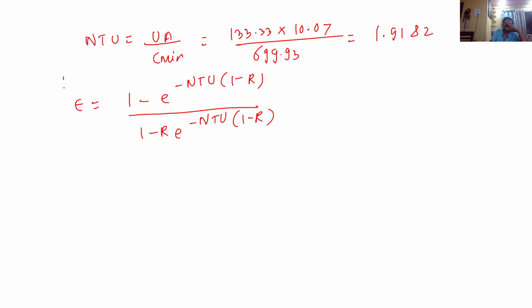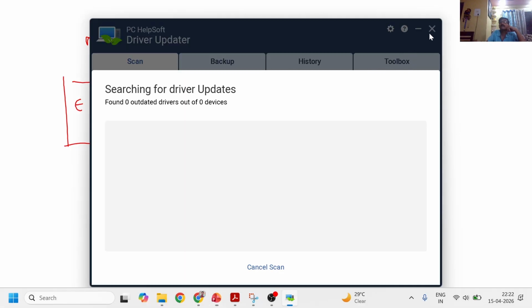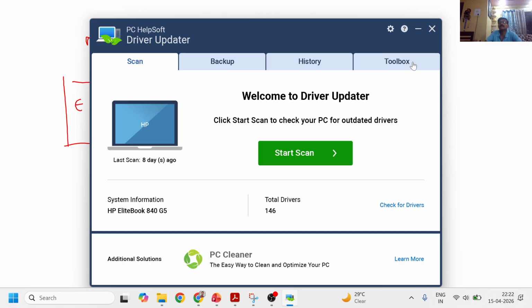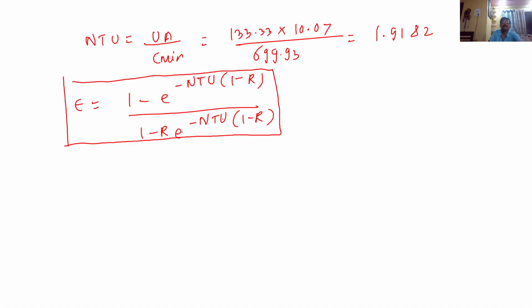Remember, this is the formula for effectiveness of a counterflow heat exchanger by using the NTU method. Now I know NTU and I know R, so I will do it.